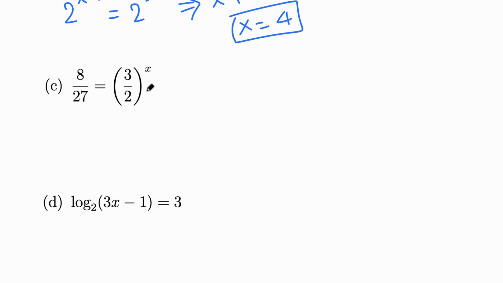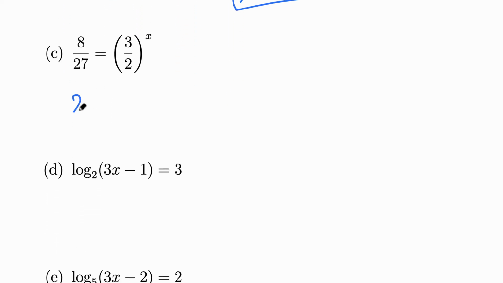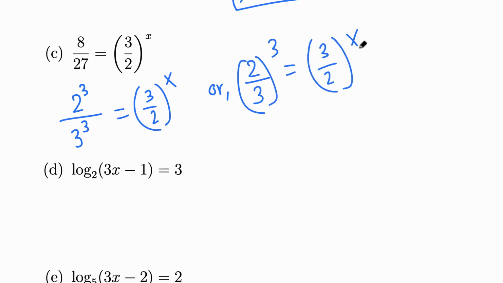Here we have 3 over 2 raised to x, so we need to write this in terms of 3 over 2. Looks like 8 is like in the previous one, 2 cubed. So 2 cubed on the top, and this is 3 cubed on the bottom. This is 2 over 3, quantity cubed, equals 3 over 2 raised to x.